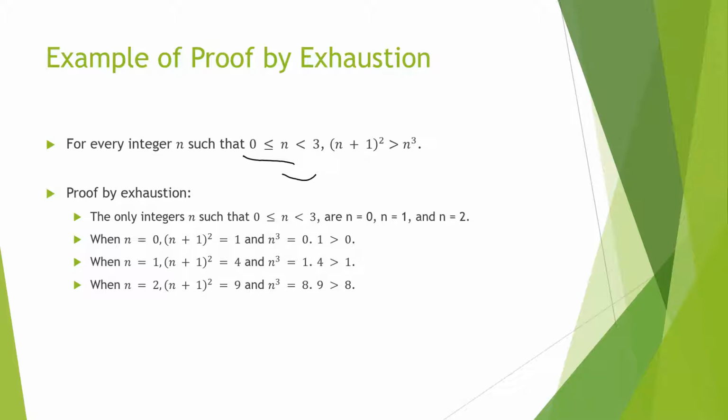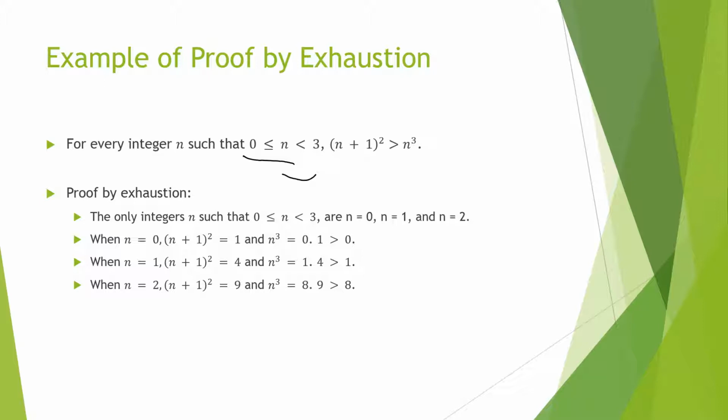So in this theorem, the domain is very small. We only have 3 elements in the domain, 0, 1, and 2. So instead of proving that inequality in a general manner, we only need to prove it for 3 integers, 0, 1, and 2. So this is a good opportunity to use proof by exhaustion.